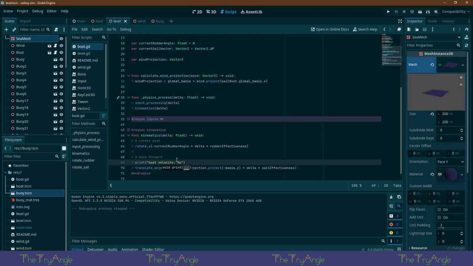All right, here we go. And the wind. The wind. Yeah. So I want to make sure these are different values. So there's the wind projection. And then just the wind. Oh. Wind projection. All right. Cool.